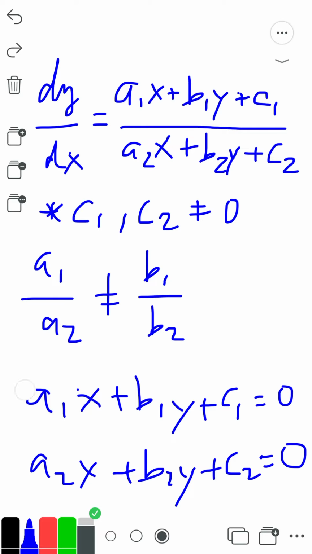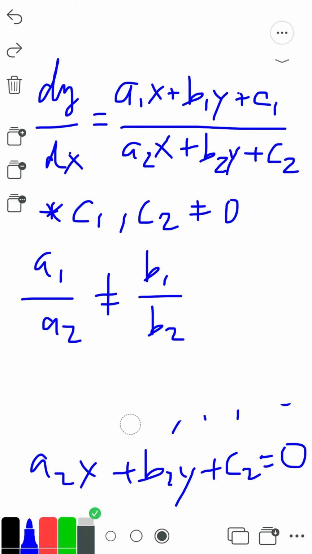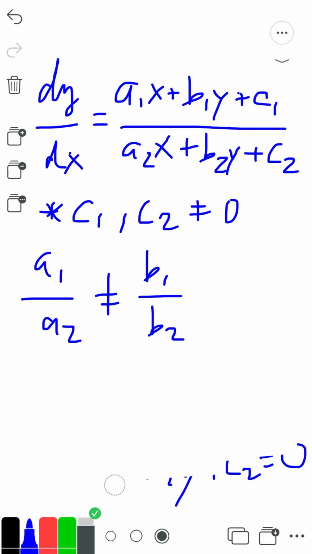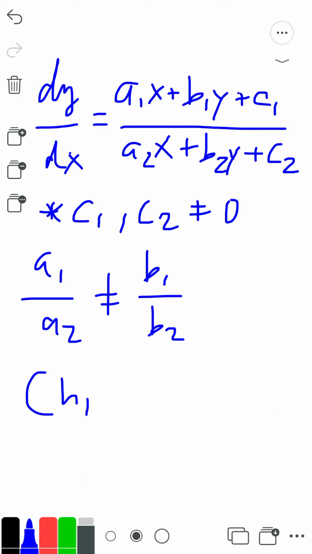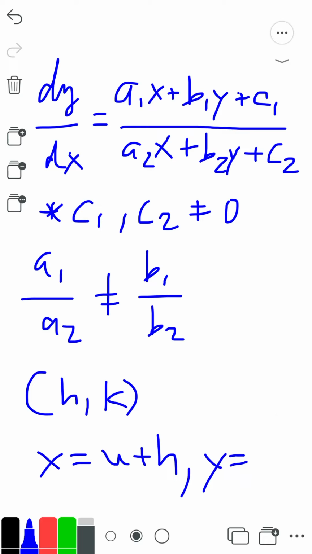Let's say the intersection of those two lines is the point hk. Then we can substitute x equals u plus h and y equals v plus k, or you can use any other variable you want other than u and v.